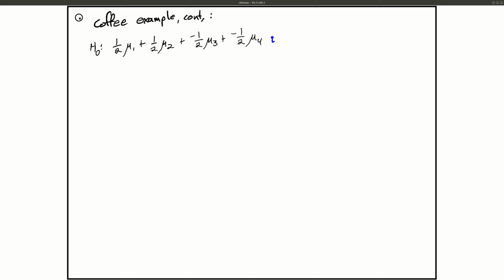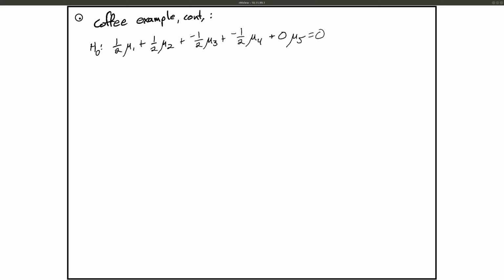So remember our null hypothesis for the coffee example was that 1/2 of mu1 plus 1/2 of mu2 plus negative 1/2 of mu3 plus negative 1/2 of mu4 plus 0 times mu5 was equal to 0. That's our null hypothesis here.